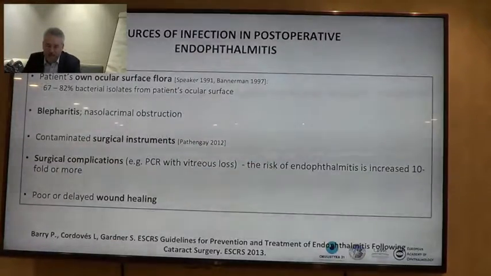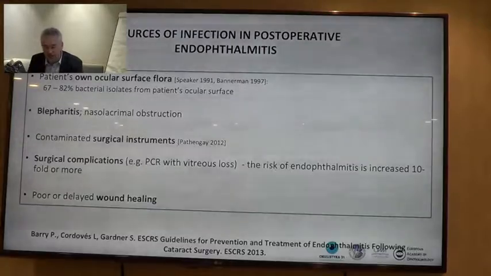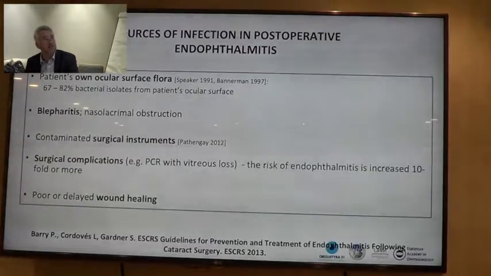Let me start with a short review of different sources of infection in postoperative endophthalmitis. It is well known that the main source is the patient's own ocular surface flora, and in 60 to 80% of cases bacterial isolates come from the patient's own ocular surface.